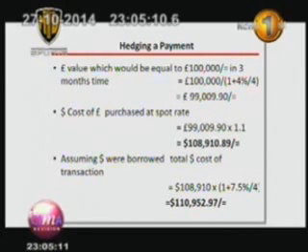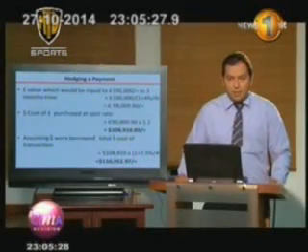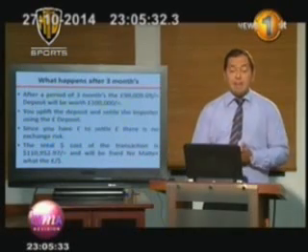It is your dollar lending rate, but again, you're not borrowing for 1 year, you're borrowing for 3 months, so therefore you divide by 4, and this gives you the total dollar cost of this transaction of $110,952.97.